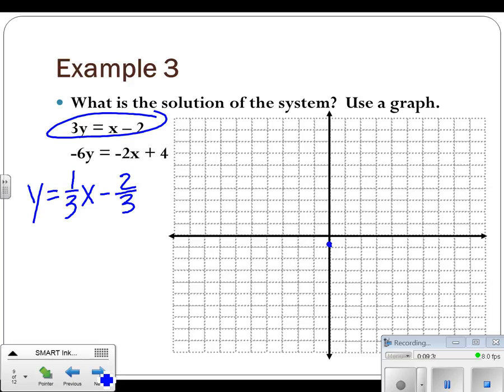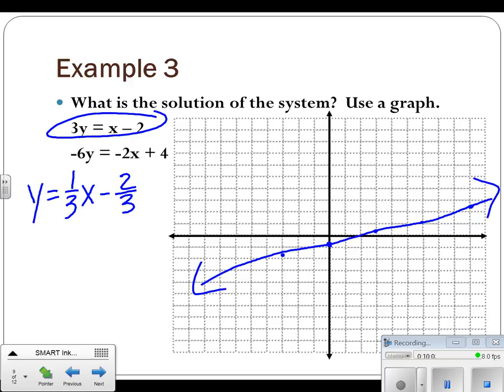Rise 1, run 3, or down 1, left 3. So here's our line.